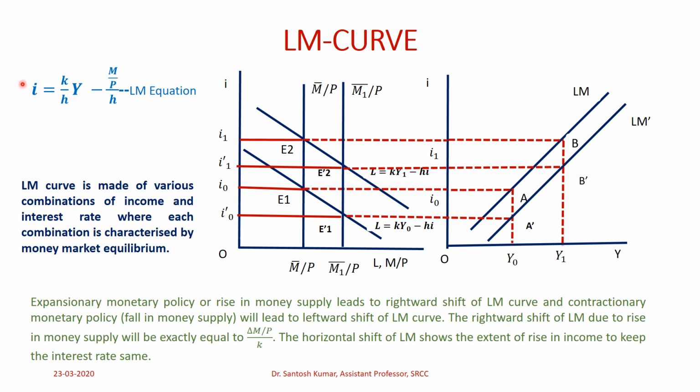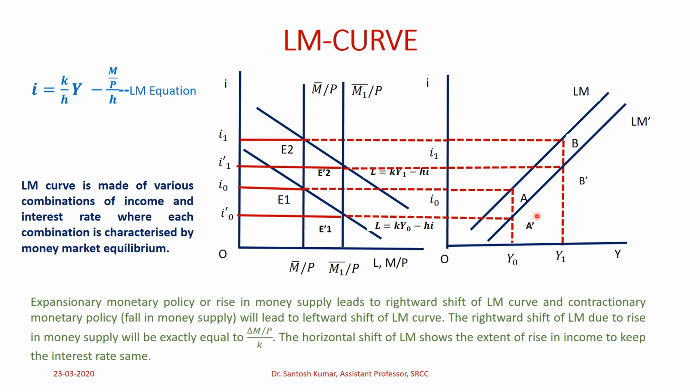If Y falls, I falls, right? So we got this positive relationship between I and Y algebraically, and here also we derived the LM curve showing a positive relationship between Y and I, using the diagram of money market equilibrium, right?